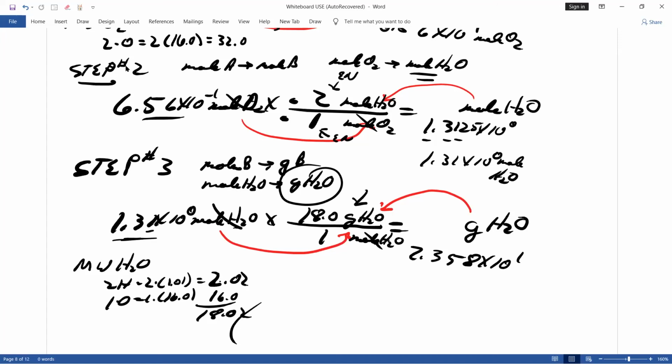There's a 1 here, and this is 3 significant. This is the exact number. Rounding this off to 3 significant figures, 2.36 times 10 to the first grams of water.